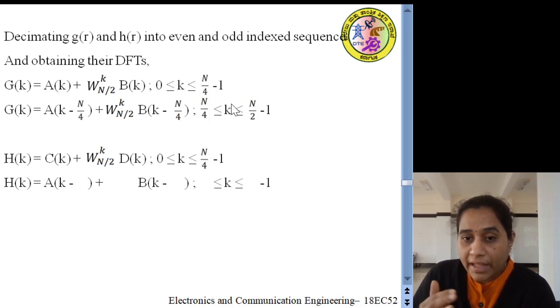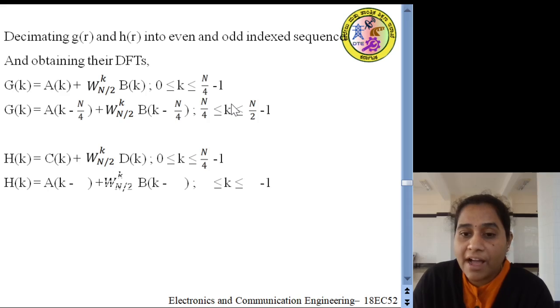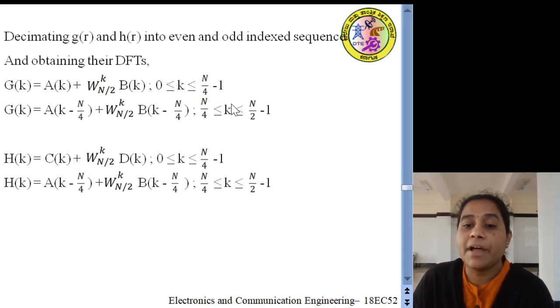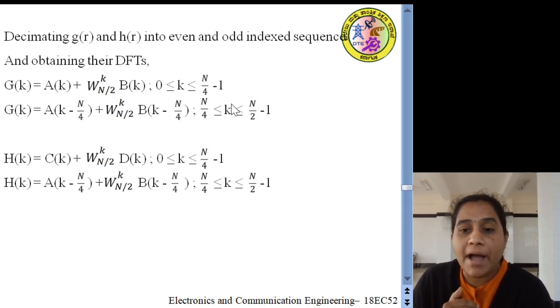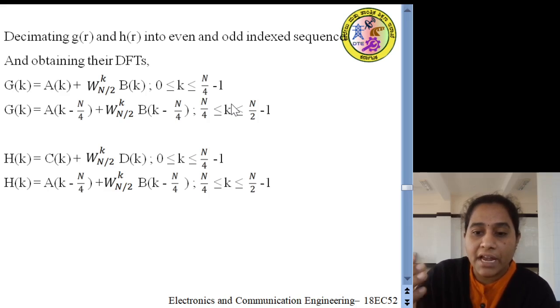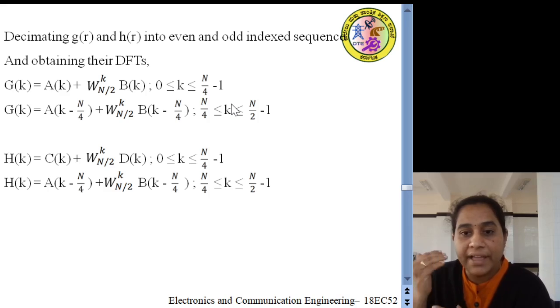Similarly, H[k] is equal to C[k minus N/4] plus W_{N/2}^k into D[k minus N/4]. Here the value of k varies from N/4 to N/2 minus 1.